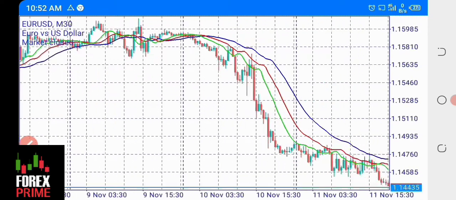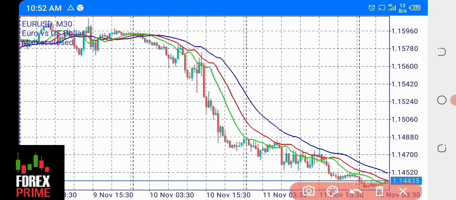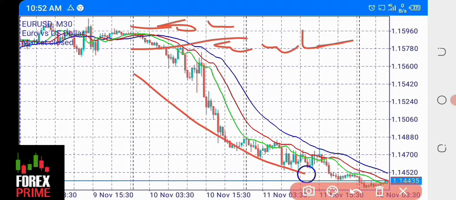Now, let's move on. So you can see that, guys, this thing is very, very easy. Here becomes our stop loss, SL, entry, and you ride the market all the way down.